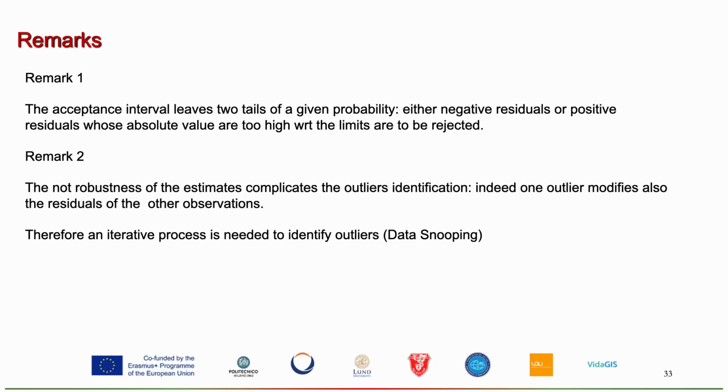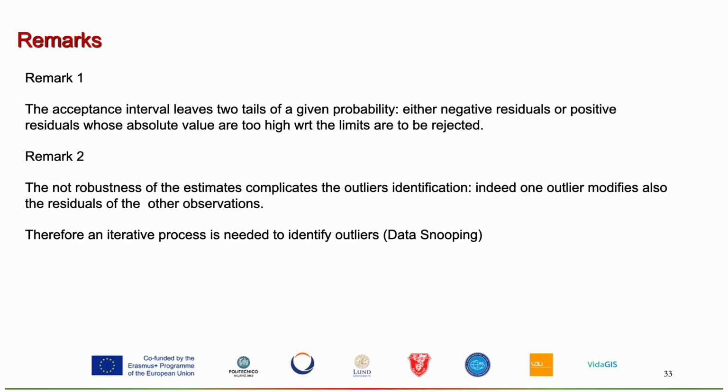Now a second remark. Let's note that the non-robustness of least squares complicates from a practical point of view the identification of individual outliers. Indeed, we can see empirically that when even just one outlier is present in our observations, its presence modifies also the residuals of all the other observations.